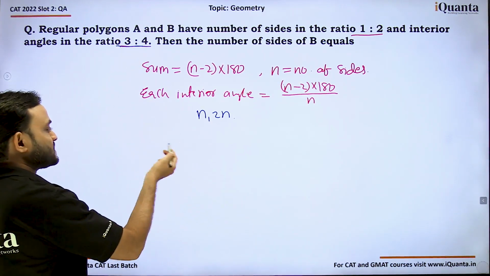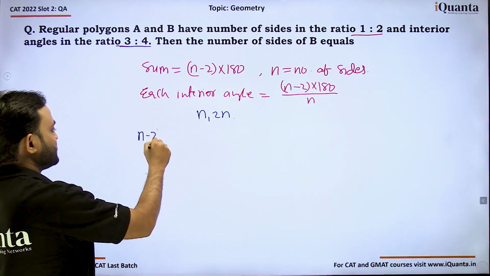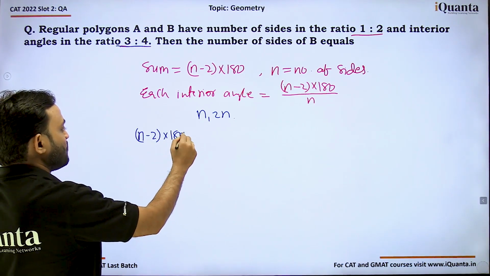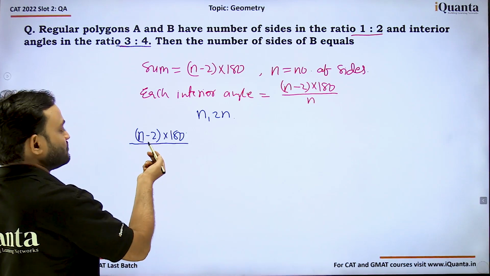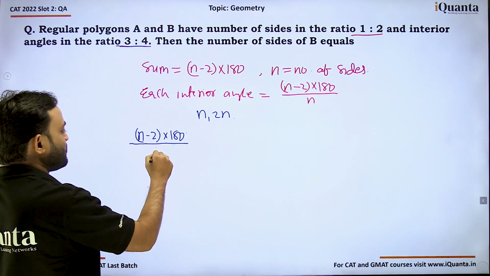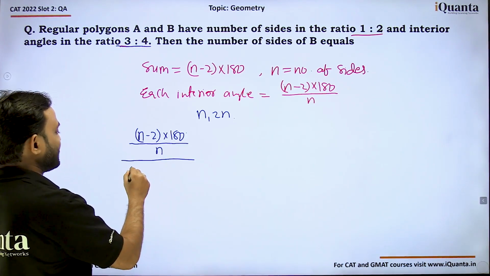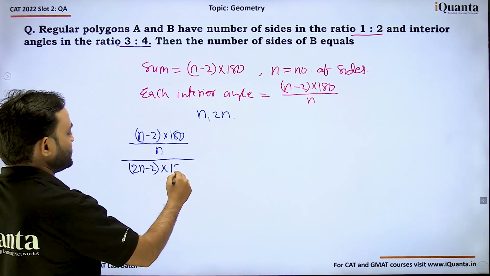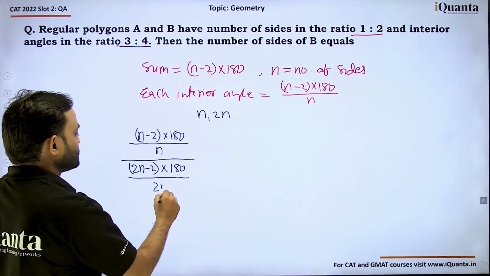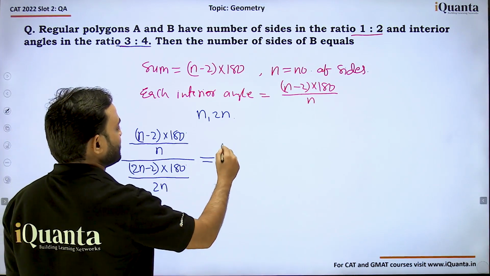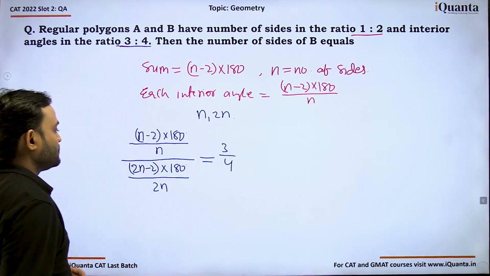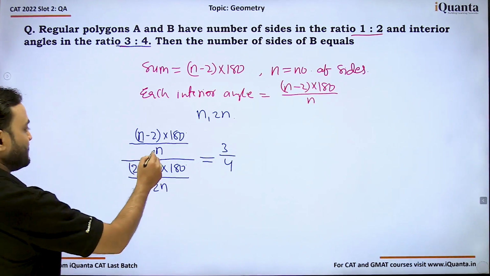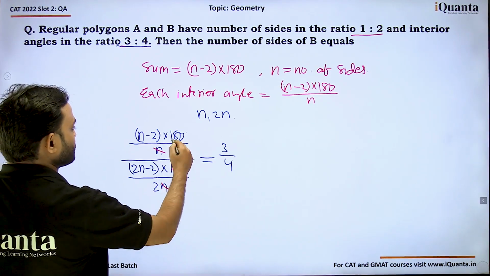So for the first polygon, each interior angle will be equal to (n minus 2) into 180 upon n, and for the second, each interior angle will be (2n minus 2) into 180 upon 2n, and this should be in the ratio of 3/4. Now we can cancel out n and 180.